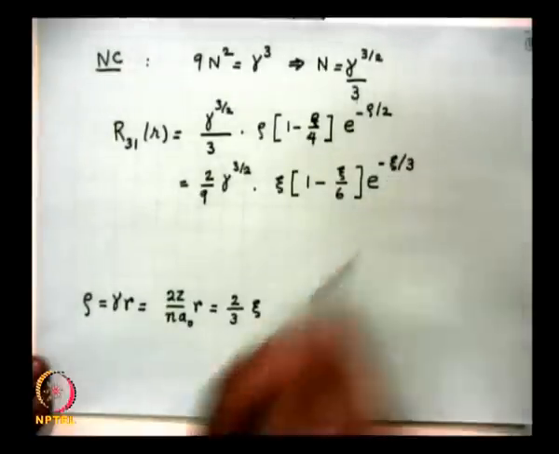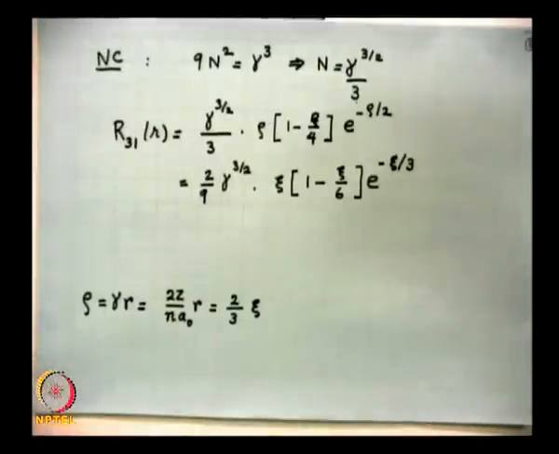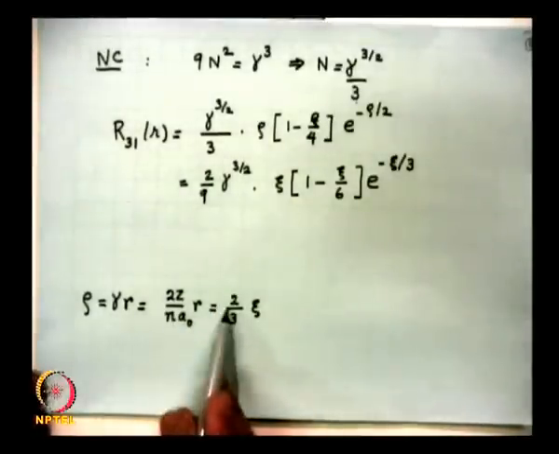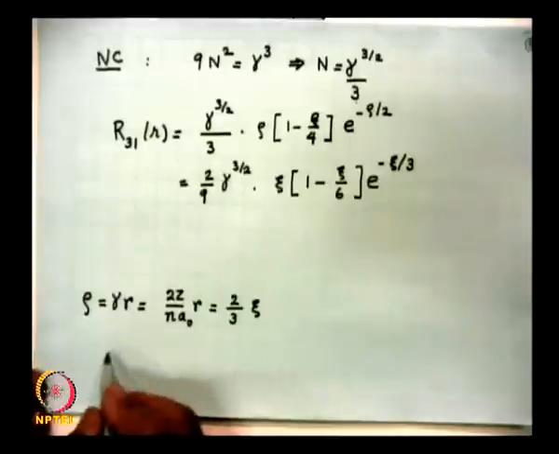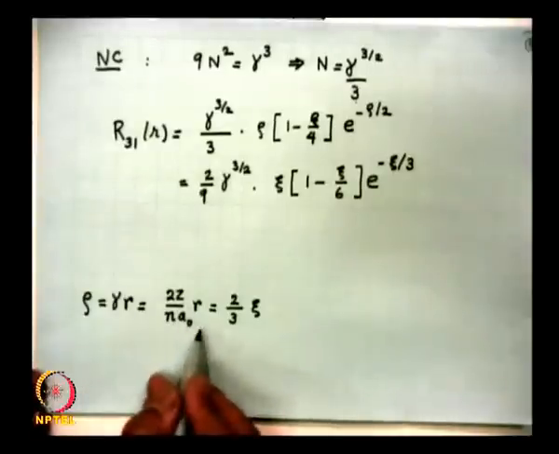This is usually how the radial part of the wave function is written, and then you substitute for gamma, which will be 2z by n a0.